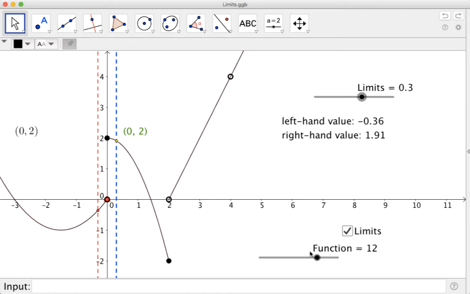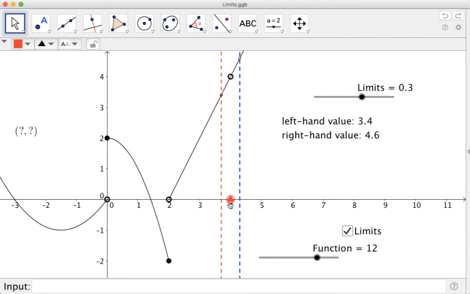or greater. Okay, so then we were also asked to look at what happens when x is approaching positive 4. So again, we have our 2 points, this little red point and this little yellow point, each approaching an x value of 4.